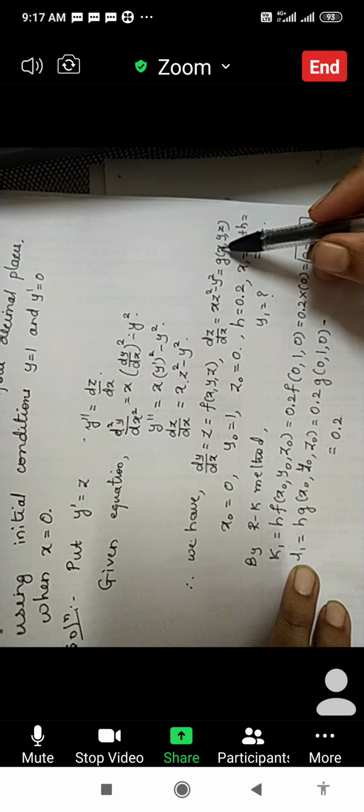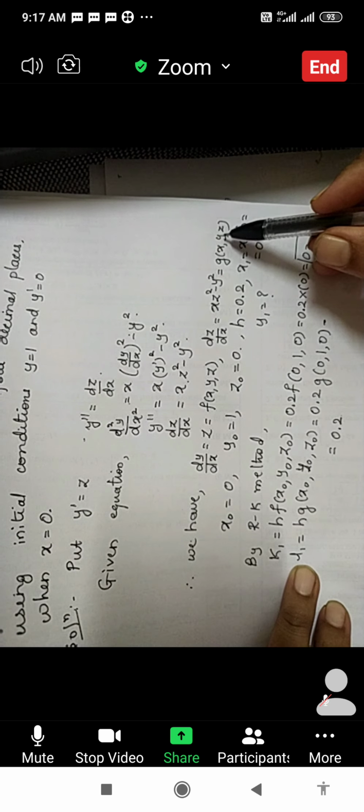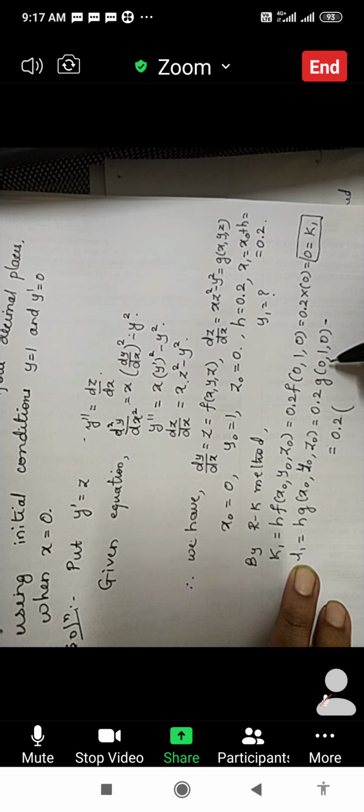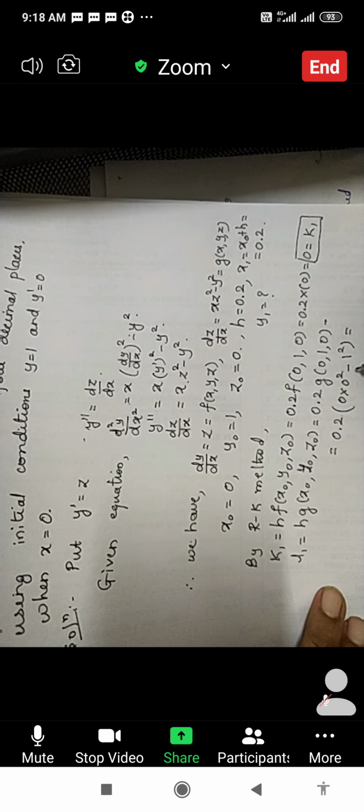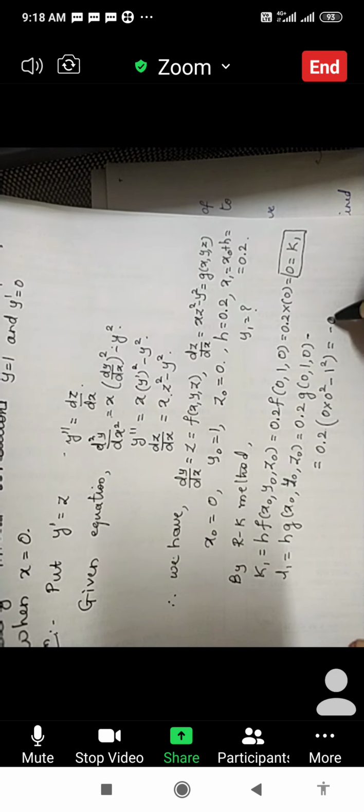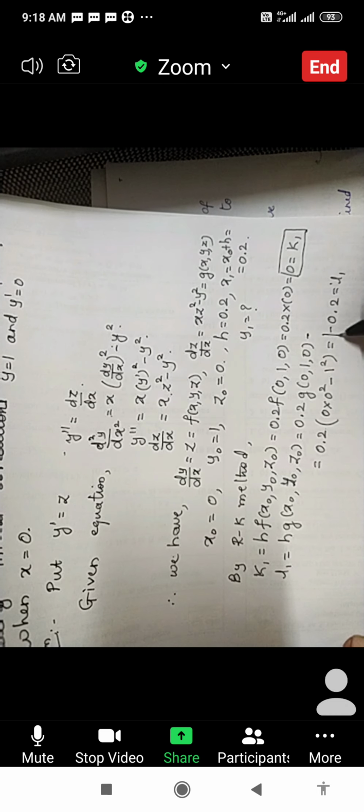In place of x we have 0, so 0 into z square, with z being 0, minus y square, with y being 1, so 1 square. So the bracket value is minus 1, into 0.2, which is minus 0.2. This is the value of L1.